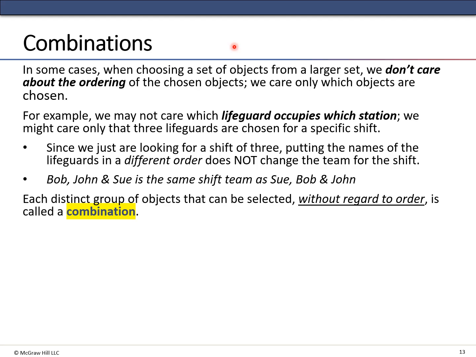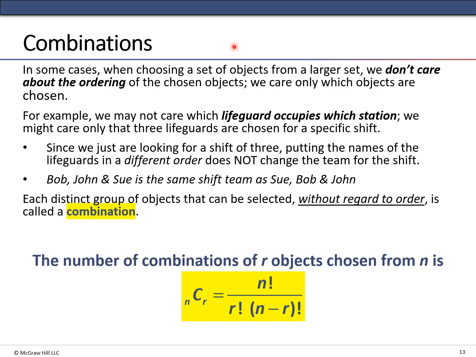Here we're just looking for a shift, and so on the morning shift, Bob, John, and Sue is the same as Sue, Bob, and John, and that's called a combination when order does not matter. The number of combinations of n objects taken r at a time is C(n, r) = n factorial over r factorial times (n minus r) factorial.